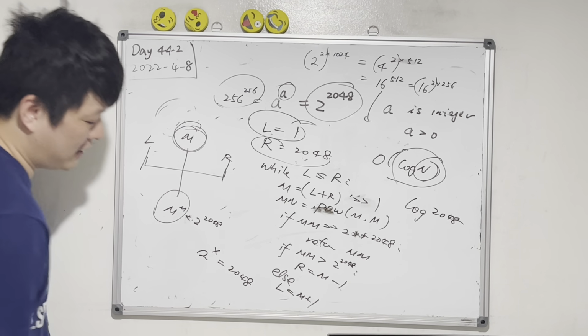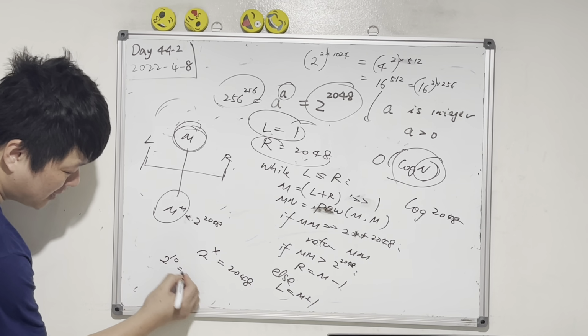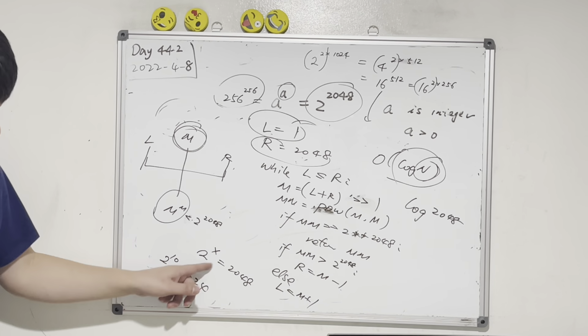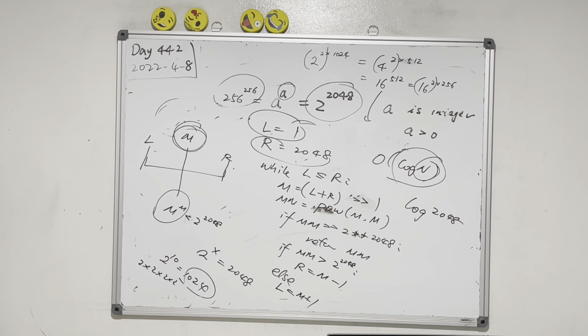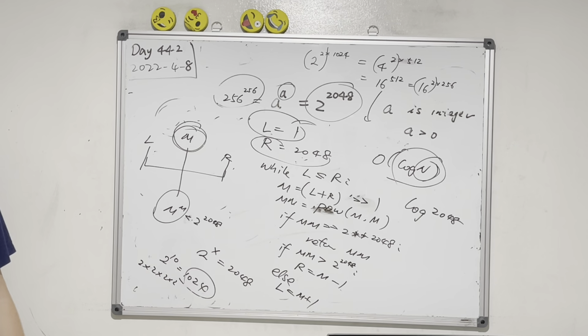What's x? 2 to the power of 10 equals 1024. 1024 times what equals 2048? 2. So how many more 2's do I need to multiply? 1. So 2 to the power of what equals 2048? 11. Exactly. And that's it for today.